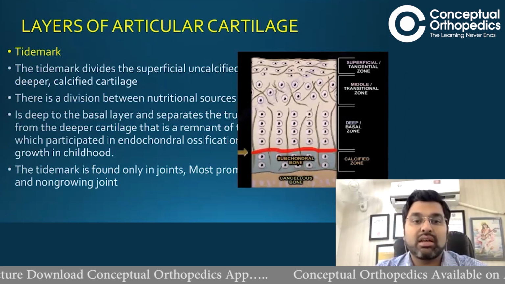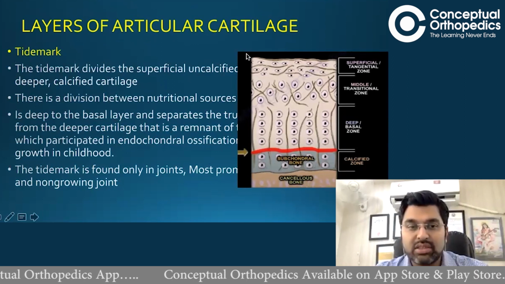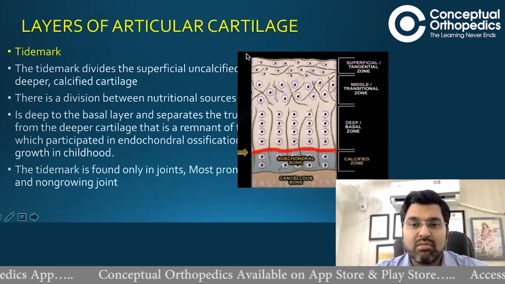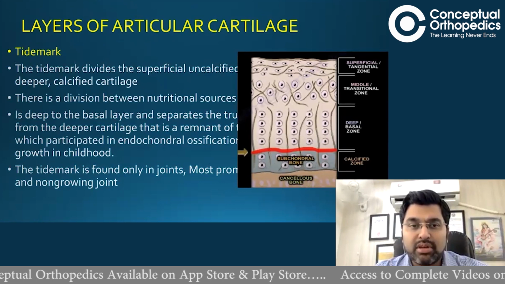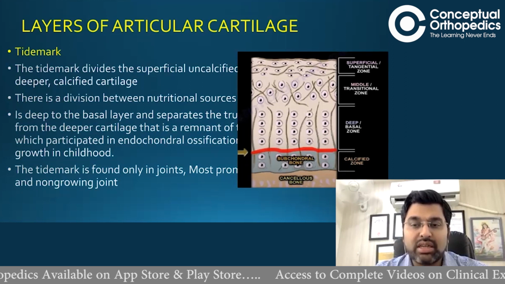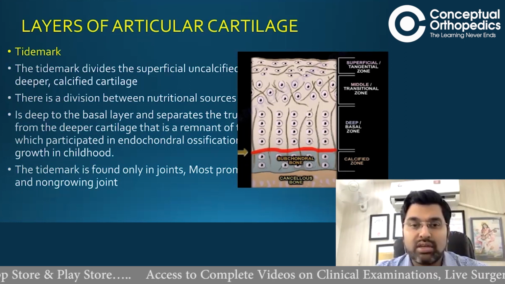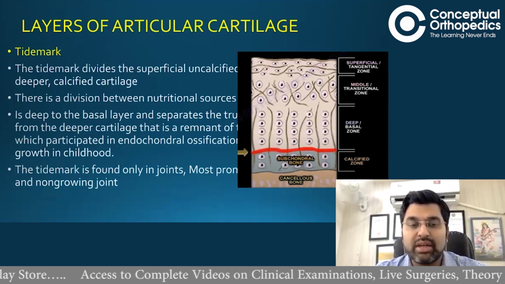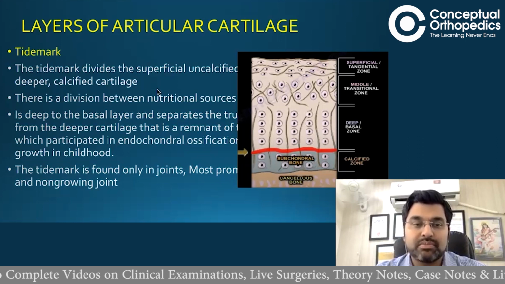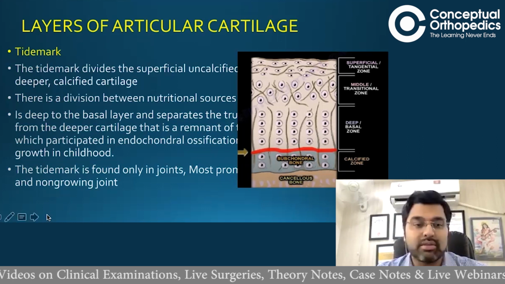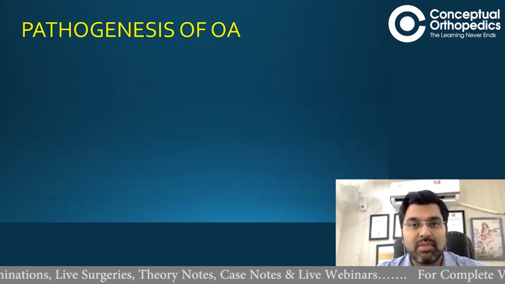It divides the main cartilage from the cartilage which was used to form the bone during childhood, during endochondral ossification. So this is called the tide mark. So these are the layers of the cartilage.